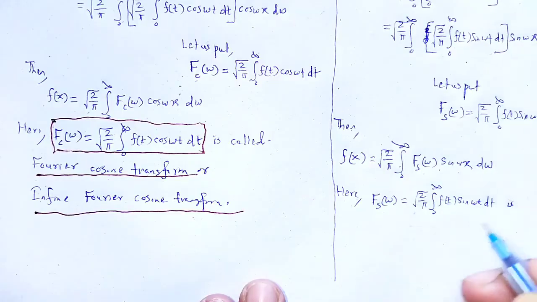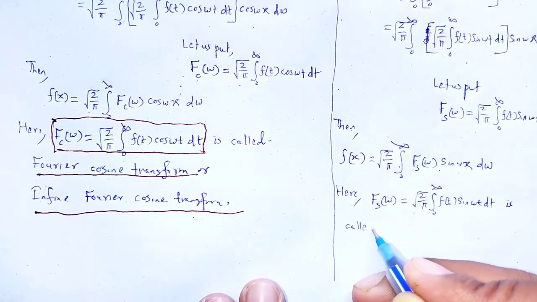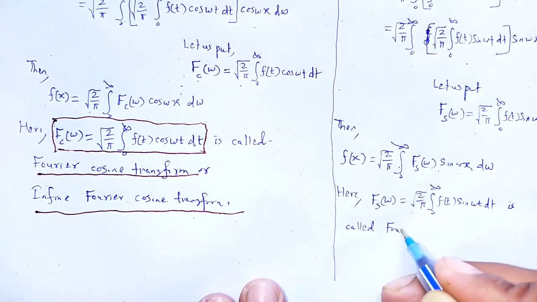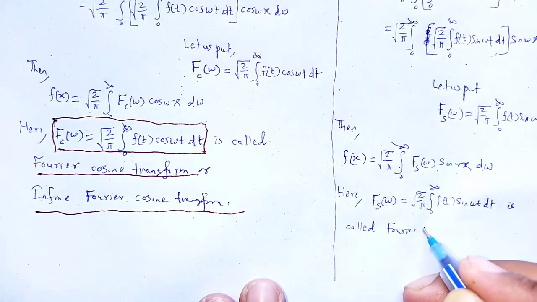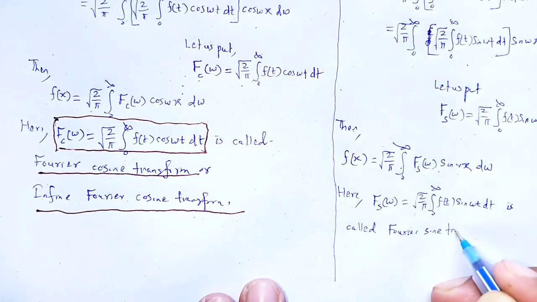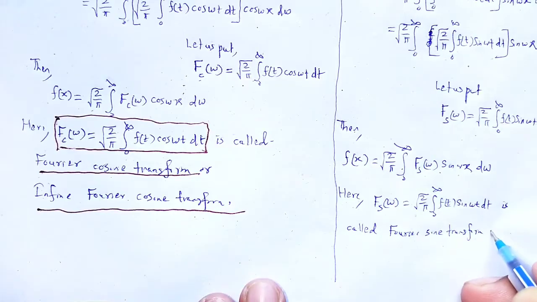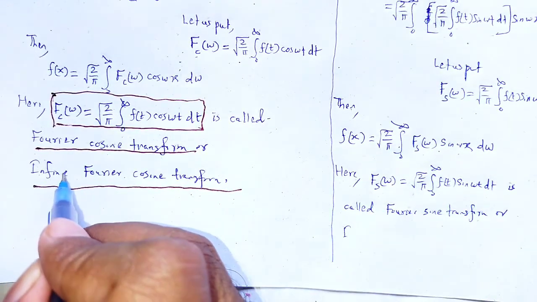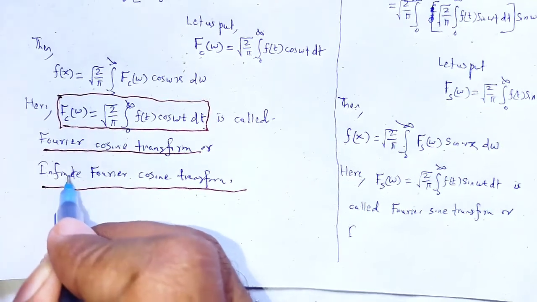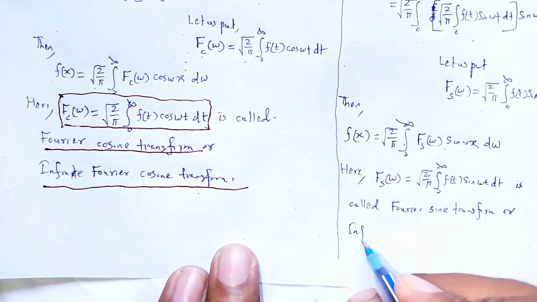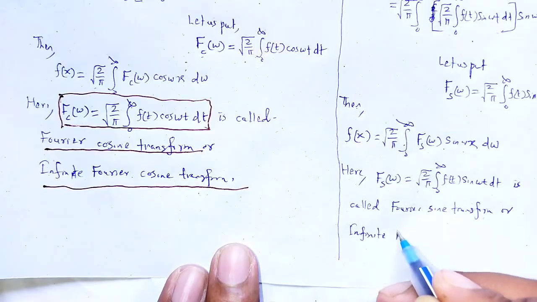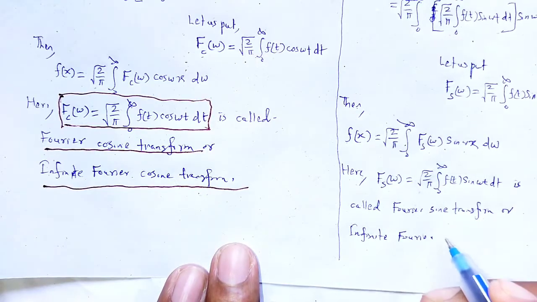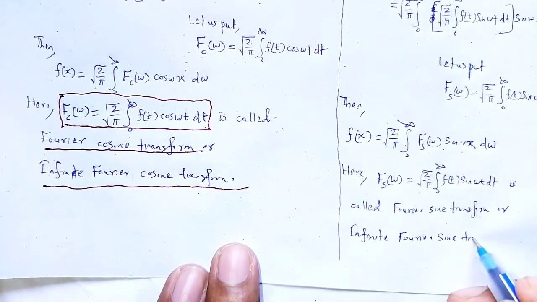is called Fourier sine transform or infinite Fourier sine transform.